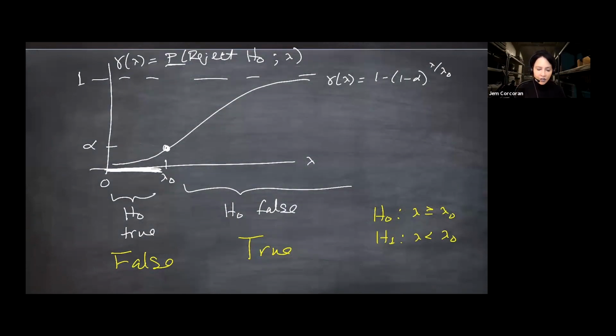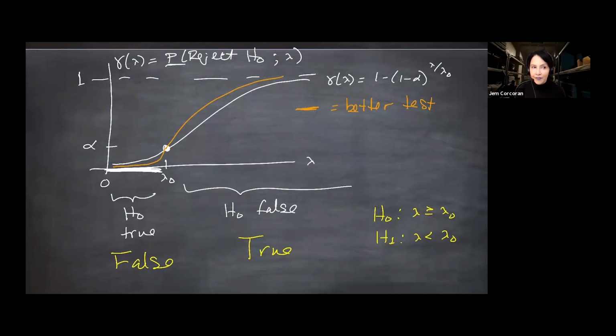But let me draw another power function, just to say that if you have something that is lower here and higher here, then this line is a better test. And I strongly suspect you will see a better test when you look at X bar on the homework.